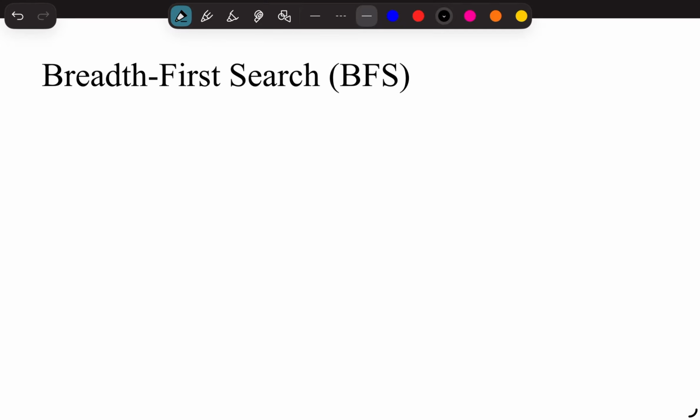In this video, we're going to be going over what a breadth first search is. So a BFS tree is a tree you get when you run a breadth first search on a graph from a chosen node.